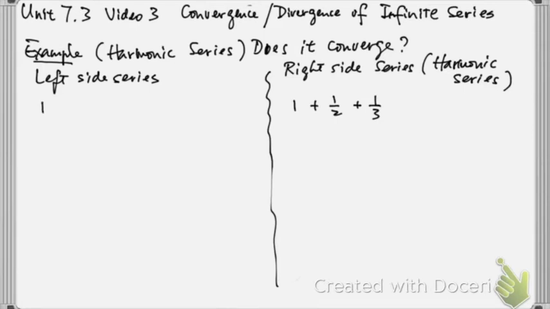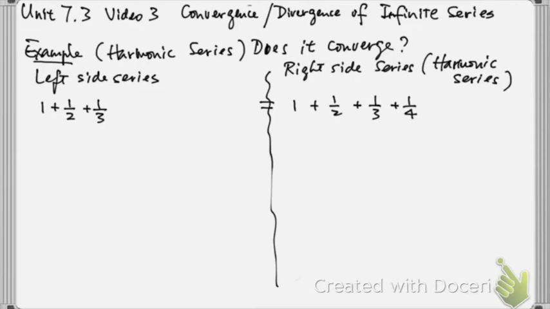So I'm going to write 1 plus 1/2 plus 1/3 so far. As you can see, the right side series is equal in value to the left side series up to this point. Then I'm going to continue adding one more term to the right side.